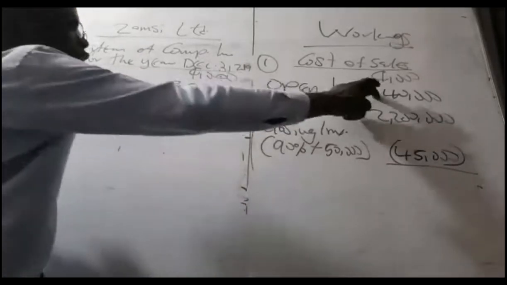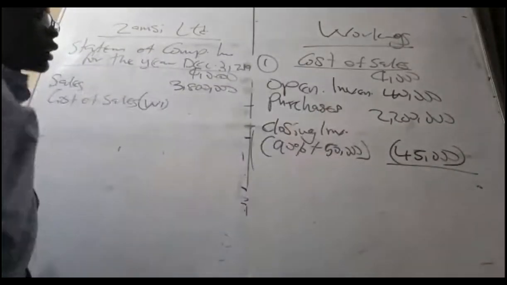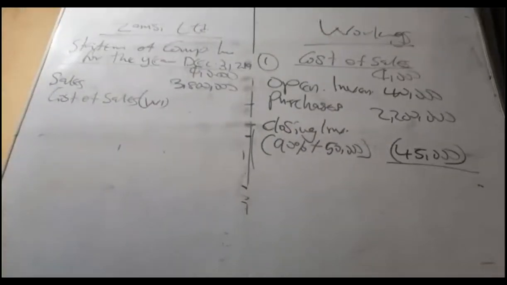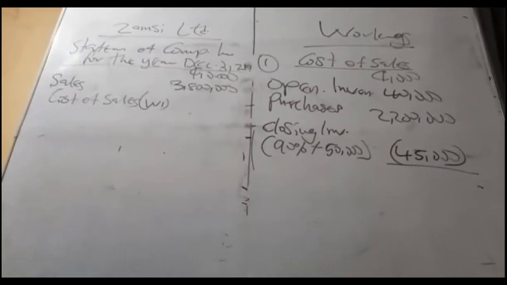So open inventory plus the purchases less the closing inventory. What do you get? With the closing inventory, they can also give you the NRV. Then you compare and select the lower. So in this question, it means that the NRV of the 50,000 goods is 45,000. That's the implication. So here, what will be the cost of sales figure?